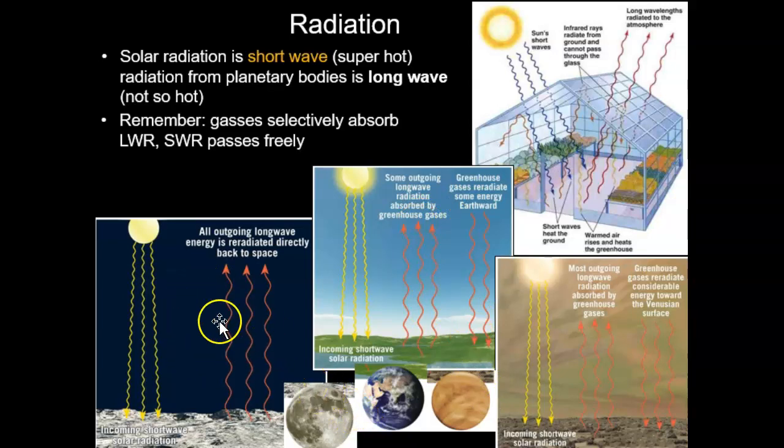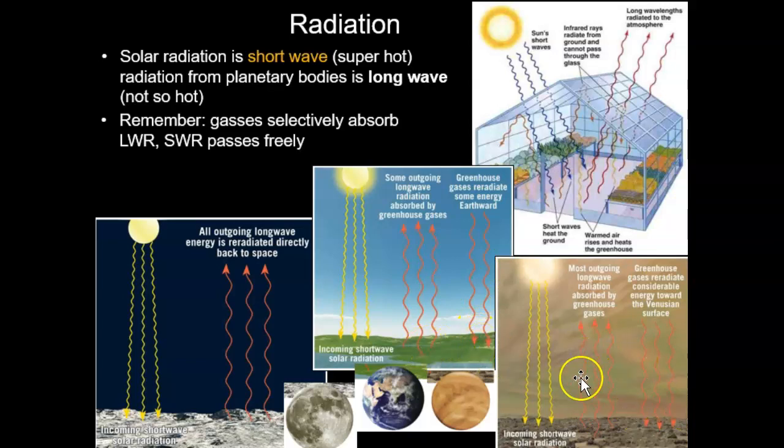One of them is from the moon, where there's no atmosphere at all, as you're seeing everything that is incoming shortwave solar radiation is exiting as long-wave, I guess, lunar radiation. In the Earth, we have some incoming shortwave solar radiation, some outgoing long-wave Earth radiation, but some of this gets trapped or gets absorbed by the greenhouse gases, and it gets re-radiated back to our surface.